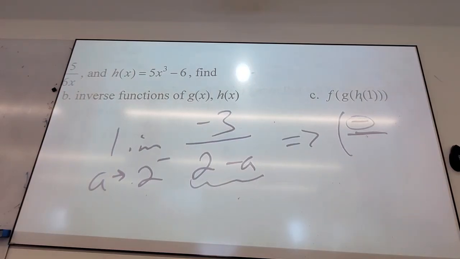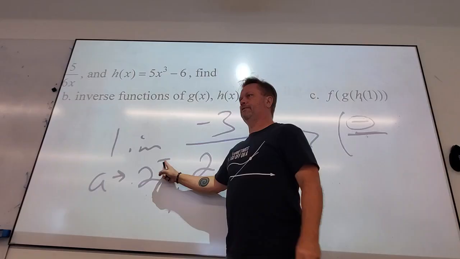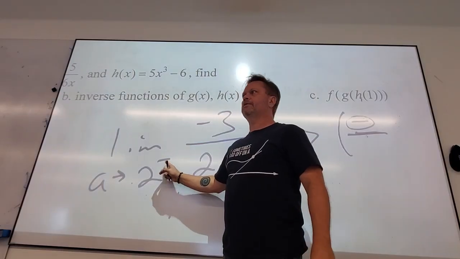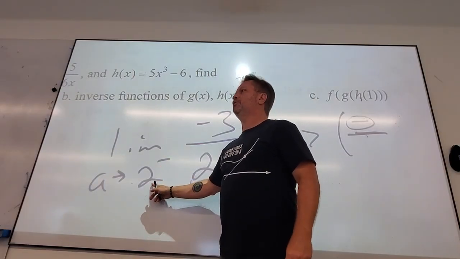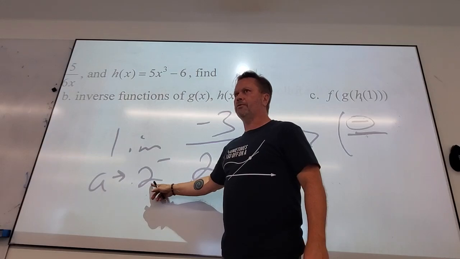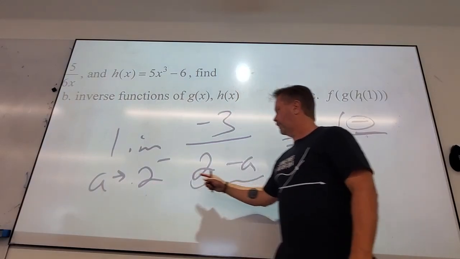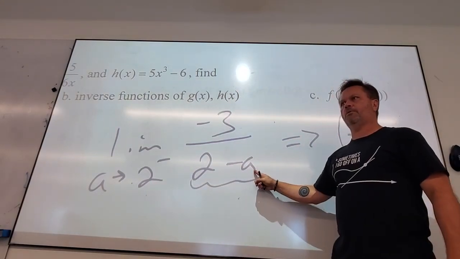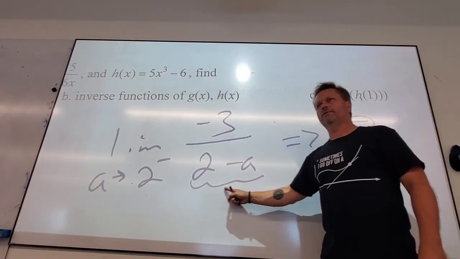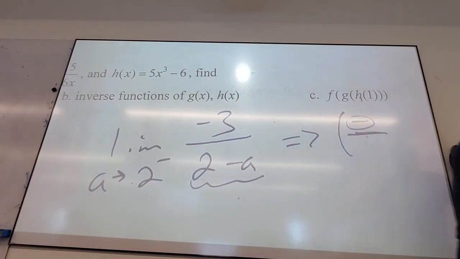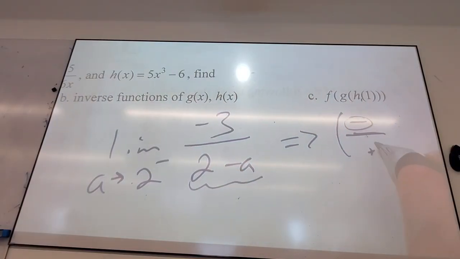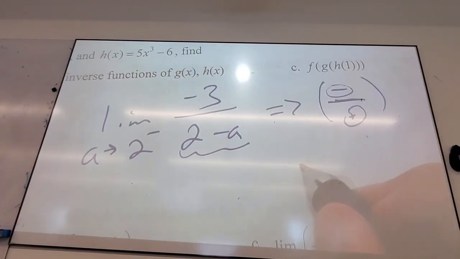What side of 2 am I on? The left side. So the numbers I'm plugging in are related to 2 how? Are they bigger or smaller than 2? Smaller. So if I'm doing 2 minus a number smaller than 2, is this positive or negative? Positive. What's negative divided by positive? So it's negative infinity is the answer.